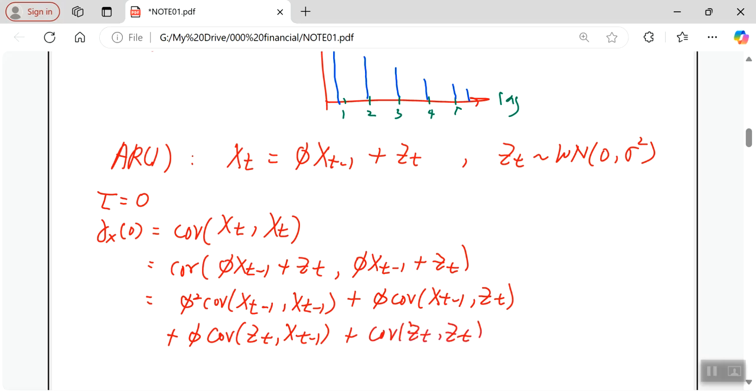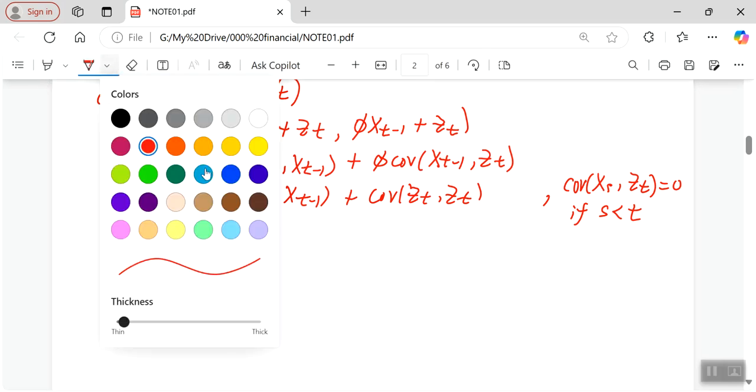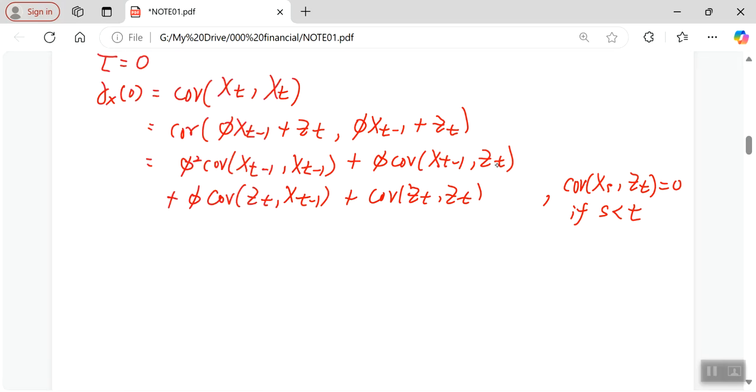From the other video, we already know that the covariance between Xs and Zt is equivalent to 0 if s is lagging behind t. Here you can see that this is Xt minus 1 and Zt, so the s here is t minus 1, which lags behind t.